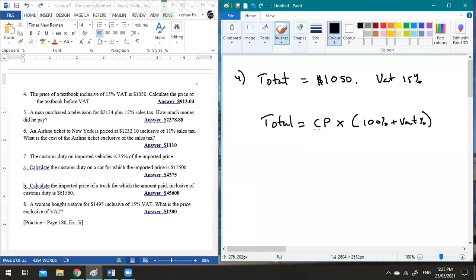Now, if we want to find the cost price, we want to get rid of this bracket here. The opposite of multiplication is to divide, so we're going to divide by 100% plus the VAT amount. Now, if we divide on the right hand side of the equal sign, we must divide on the left hand side of the equal sign.